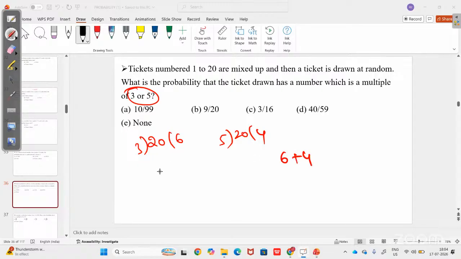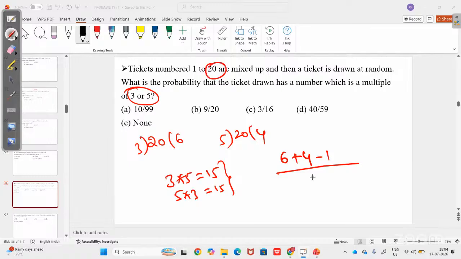But we have the combination of 3 and 5 multiple: 3 fives are 15 and 5 threes are also 15, so we need to eliminate this one. So that is 6 plus 4 minus 1 divided by the total number of cards, 20. 6 plus 4 is 10, minus 1 is 9. 9 out of 20. The answer is 9 out of 20.